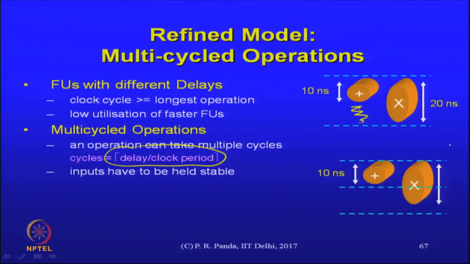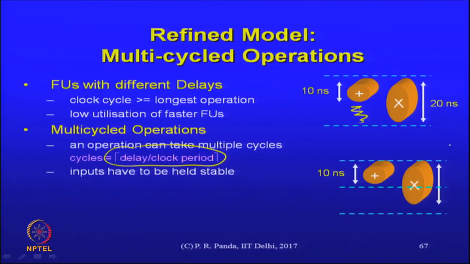Right now it is okay, the scheduler only sees the nodes, and the resources have delays associated with them. In fact, an individual node which you say is a plus or a star might actually be implemented in many different resources, maybe an ALU, maybe an adder and so on, each of which would have a different delay. So, that delay is to be taken into consideration as you schedule the nodes.